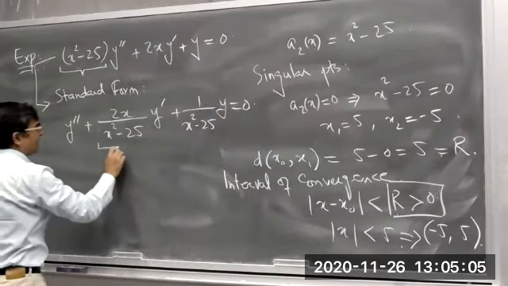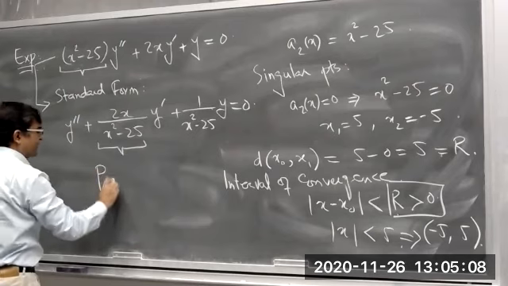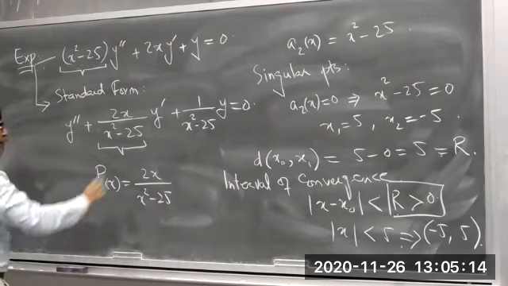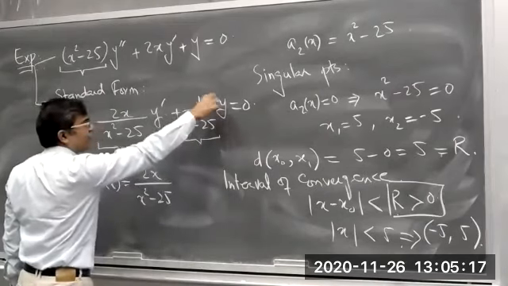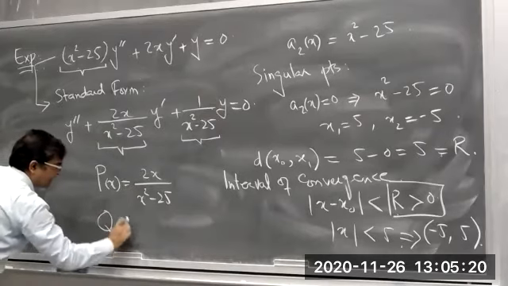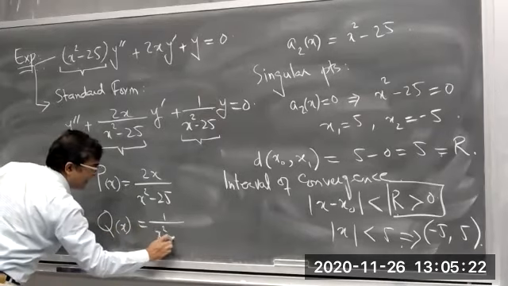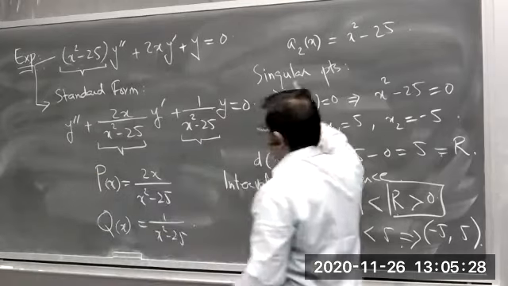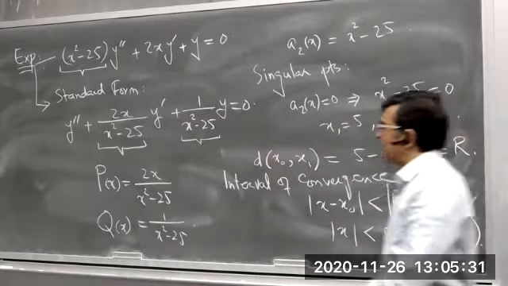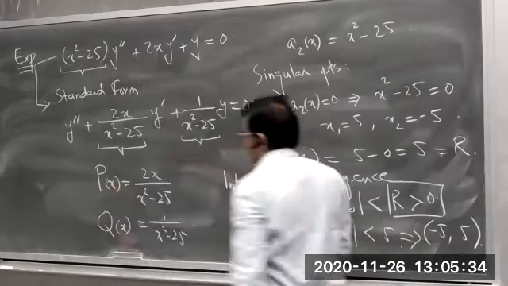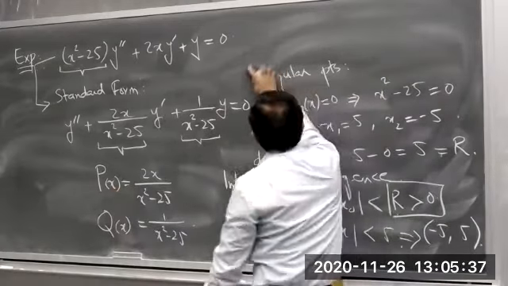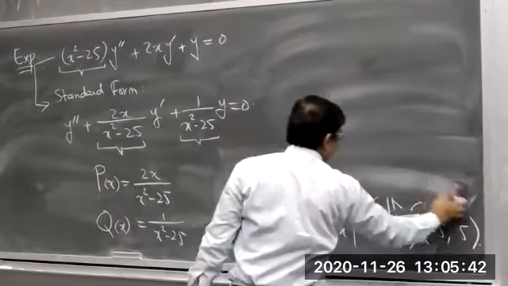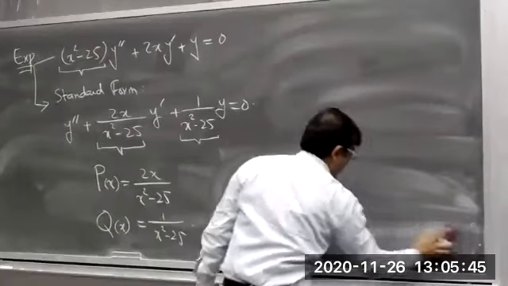Now, we assume that this is your capital P of x, which is 2x over x square minus 25. And this second one, which is the coefficient of y, we call it Q of x, and it is 1 over x square minus 25. The other way of finding the singular points is that we look at these functions P of x and Q of x, and find all those points where P of x and Q of x are not continuous or differentiable.